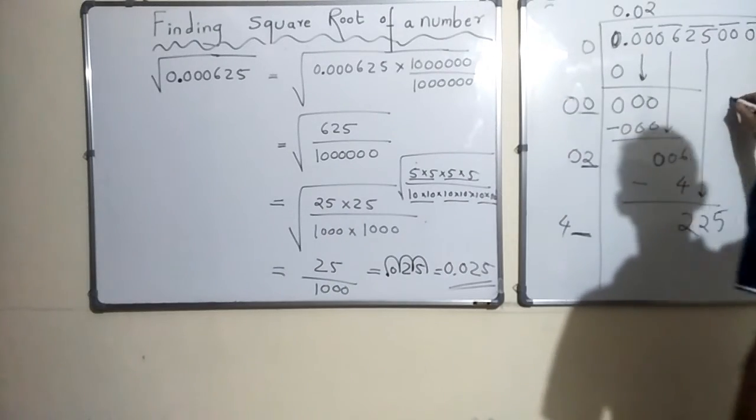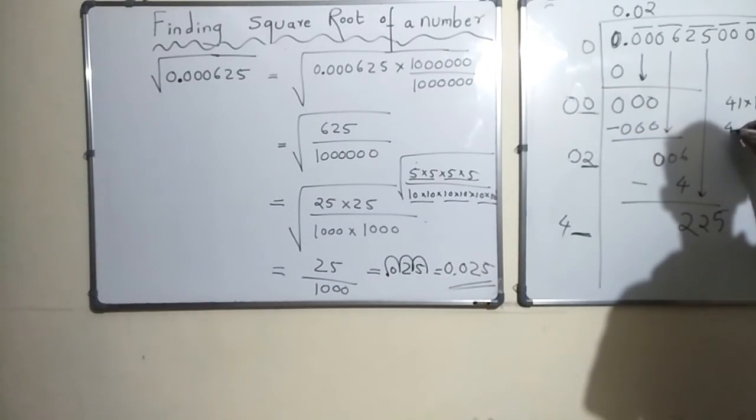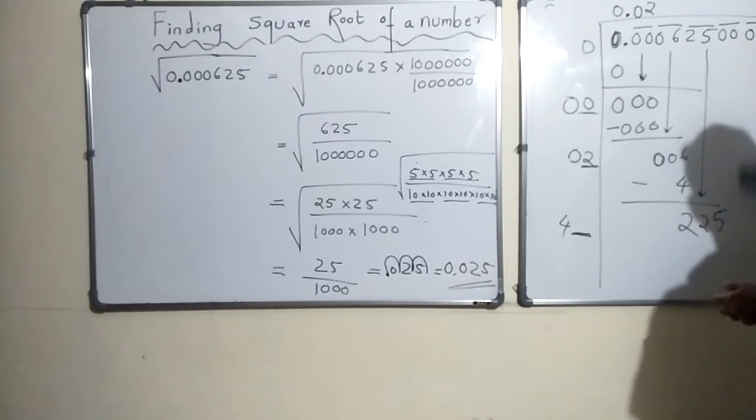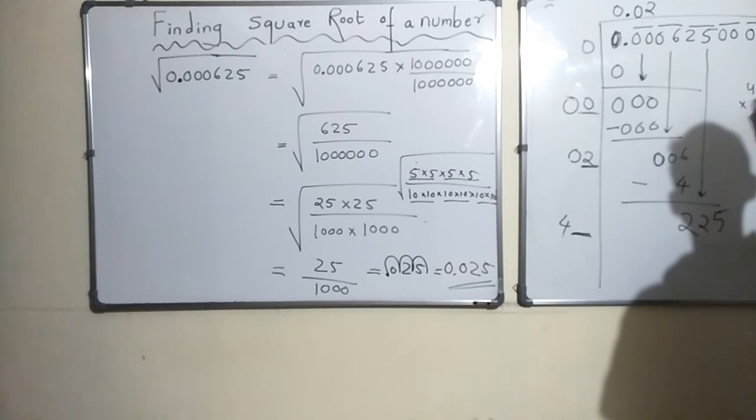So possible options: 41 into 1, 42 into 2, 43 into 3, right? 44 into 4, 45 into 5, and seems like 45 into 5 is what we were looking for. 45 into 5 is nothing but 225.